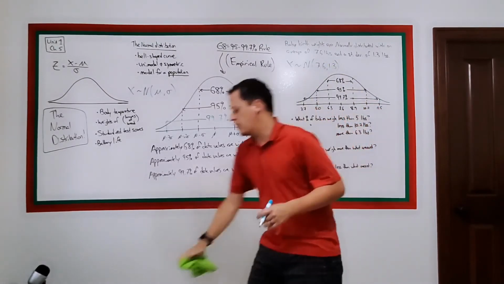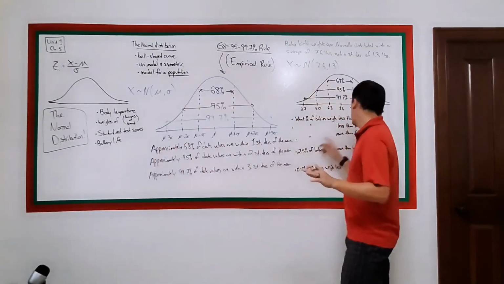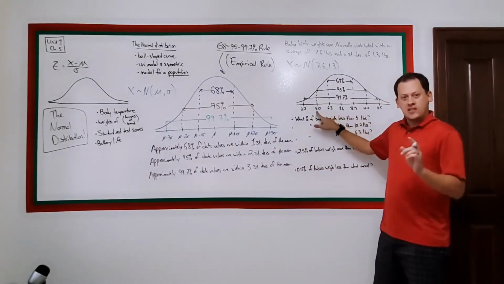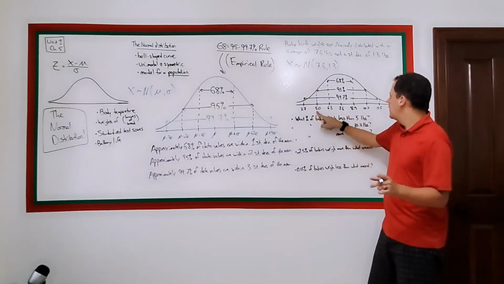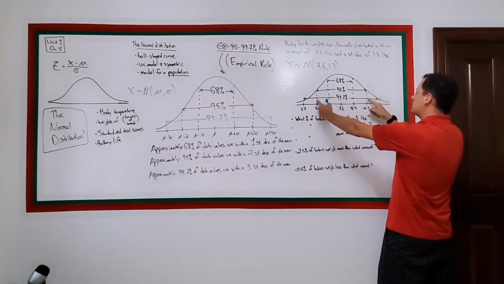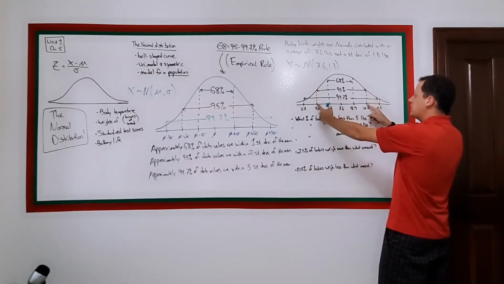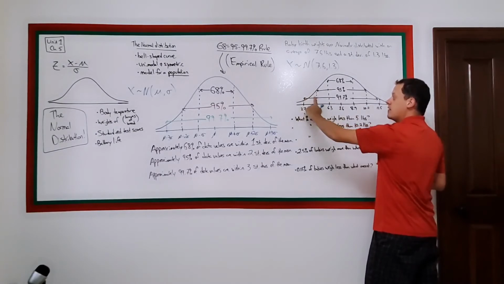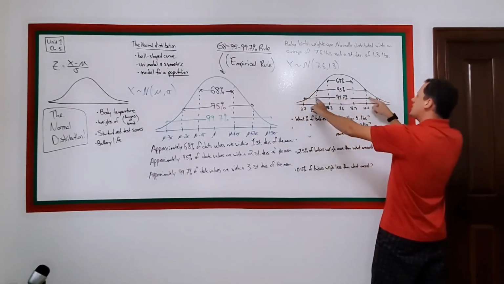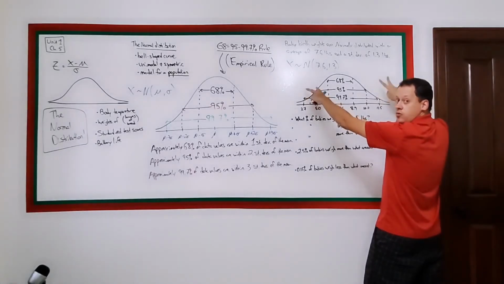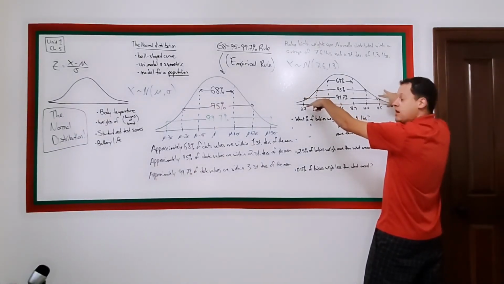Okay? So, 5 pounds. 5 pounds right here. That's 2 standard deviations below the mean. So that is at the end of this area. 95% is in here. But we want to know this area here. So if this area is 95, that means 5% total is on the ends.